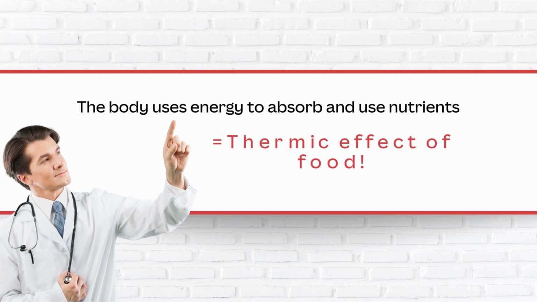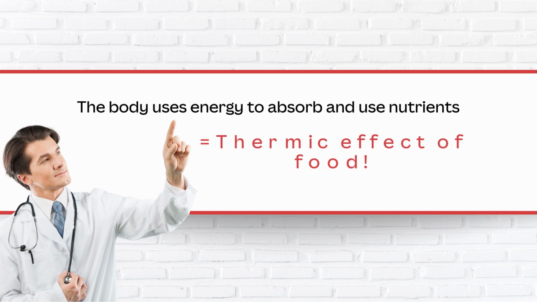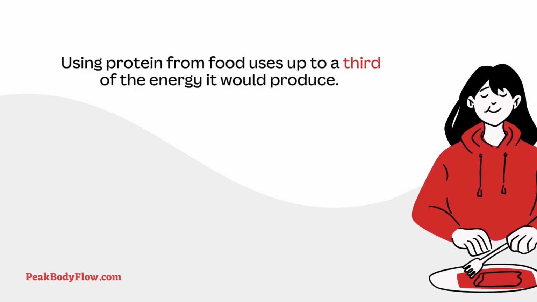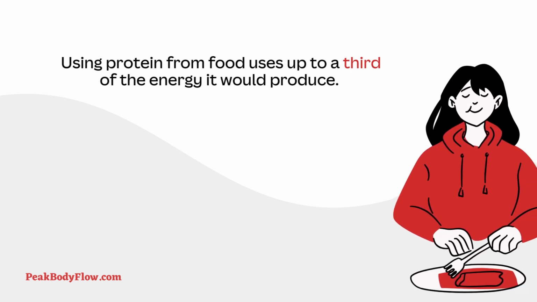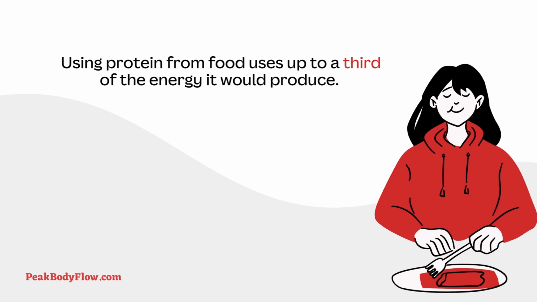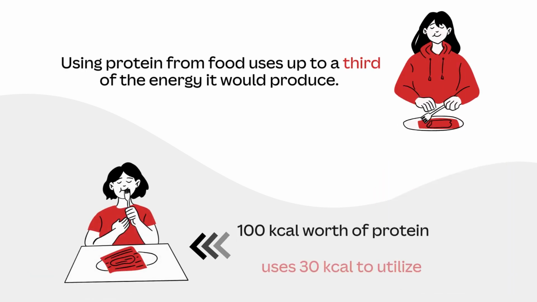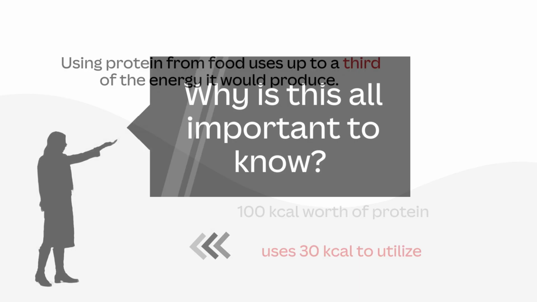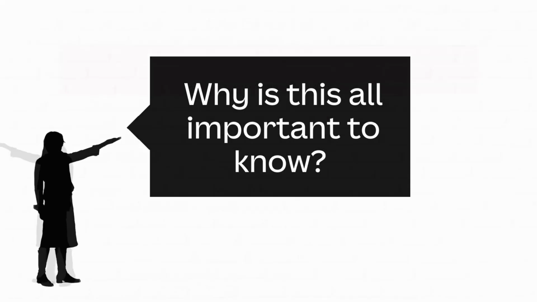The energy used for this purpose is called the thermic effect of food. For example, utilizing protein from the food takes up to 1/3 of the energy that you'd get from it. Meaning that if you'd eat 100 kilocalories worth of protein, it would use 30 kilocalories to utilize this amount of protein in the body. Why is all this important to know?